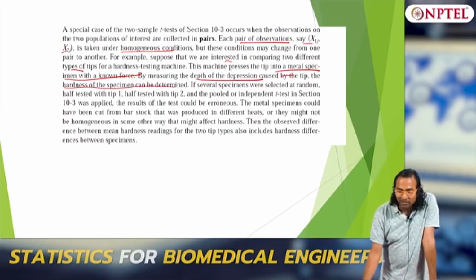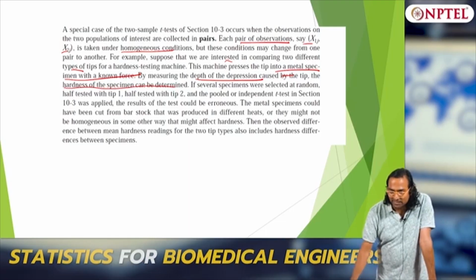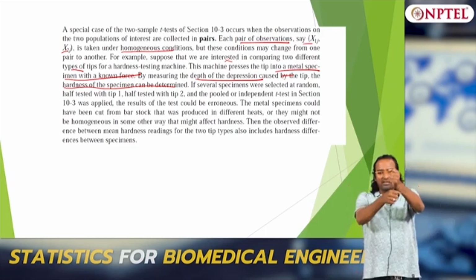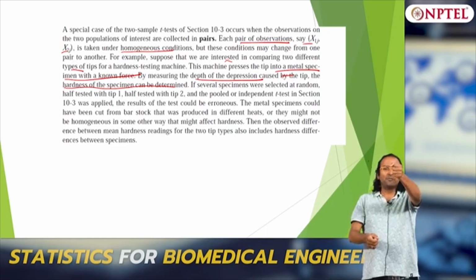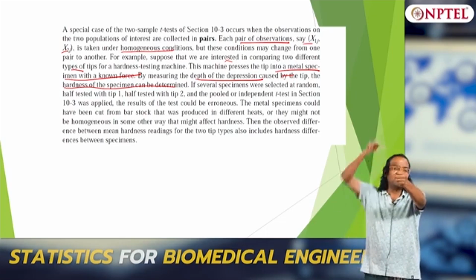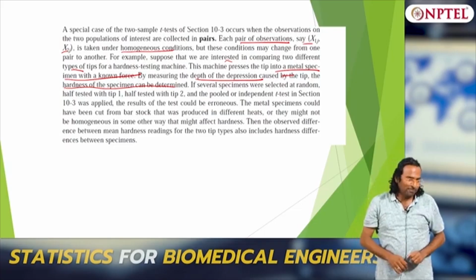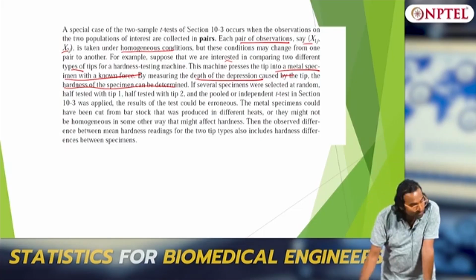By measuring the depth of the depression caused, the hardness of the specimen can be determined. If you fit a tip to the machine, it gives a known force and creates an impression, the depth, and knowing the depth you can measure the hardness of the specimen.